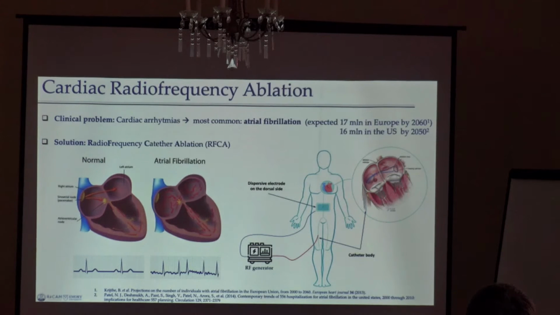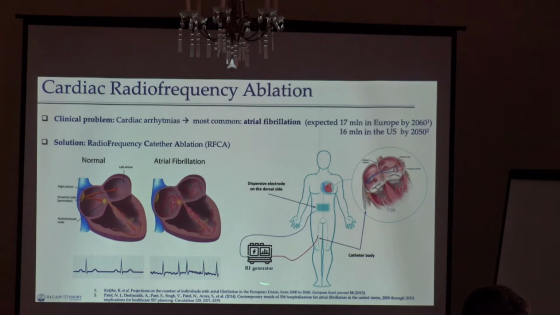And one of the solution strategies used in the clinics is radiofrequency catheter ablation, which basically burns some part of the endocardium, such that eventually these complex waves of action potential coming into the heart are stopped and arrhythmias do not sustain anymore. Of course, there are many drawbacks of this procedure, and so optimization is necessary.